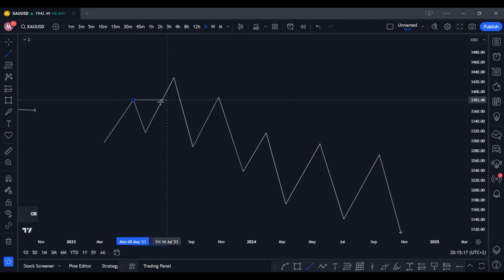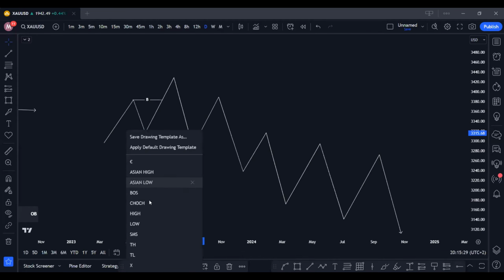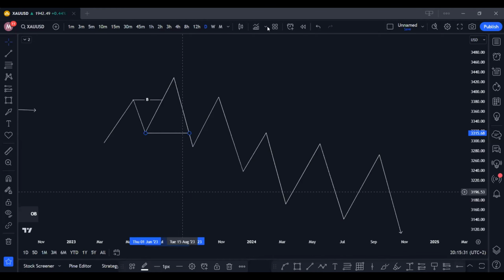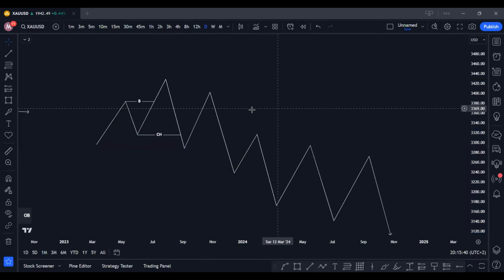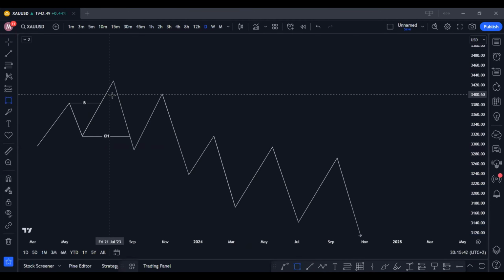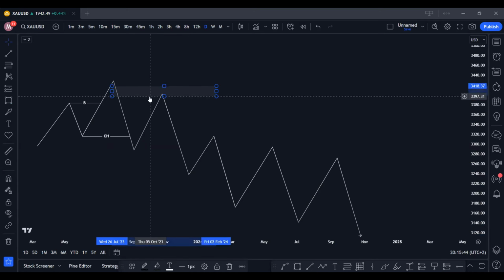You're going to look for your break of structure here, and also your break of structure and your change of character, okay? So immediately when you have that, you're going to take your first entry here, okay?